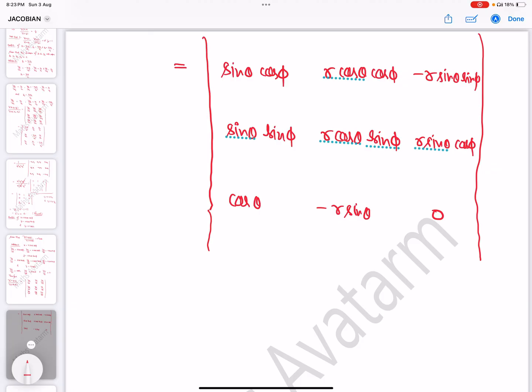We will expand along the third row. Or first we'll take r square.